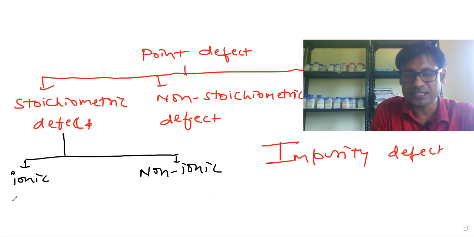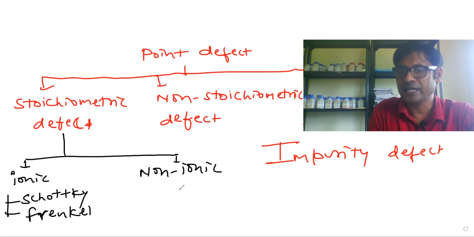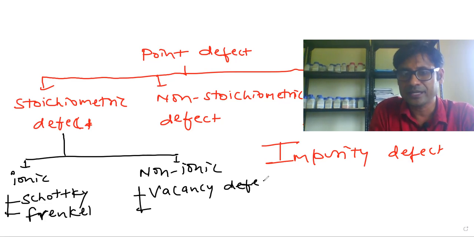Ionic defect is further divided into two types. First is Schottky defect, and second is Frankel defect. And non-ionic is further divided into two types: vacancy defect and interstitial defect.